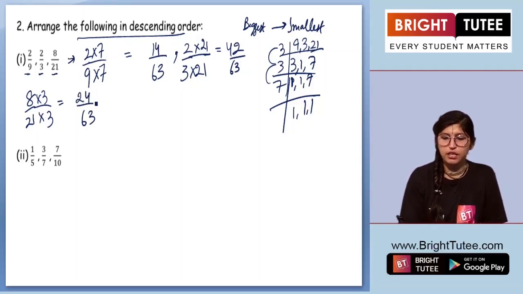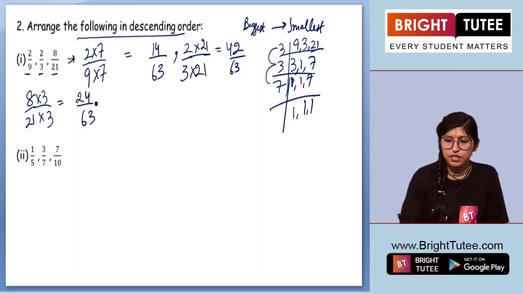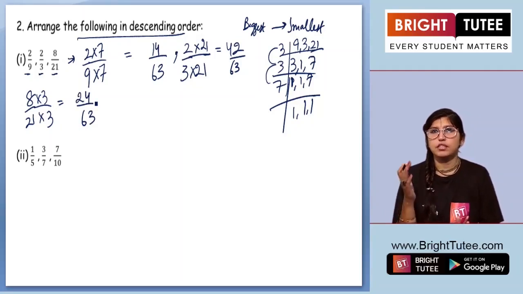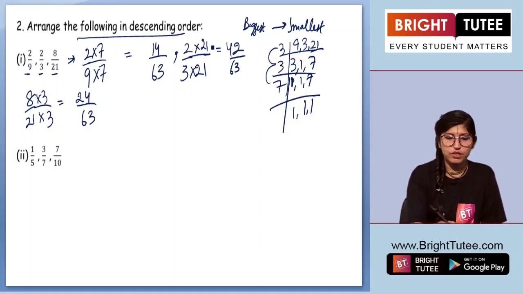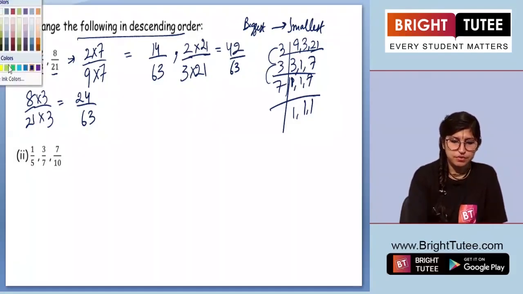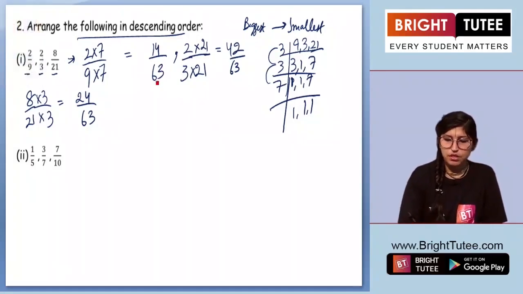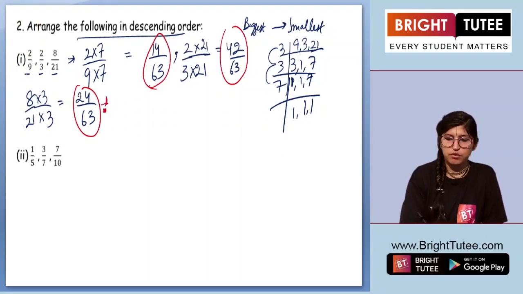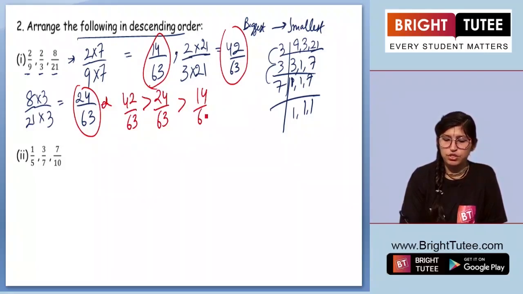So what we actually get? If I'm talking about descending order, starting up with the biggest and ending up with the smallest. So out of these three, which is the greatest one? We have 42 over 63, then we have 24 over 63, then we have 14 over 63.